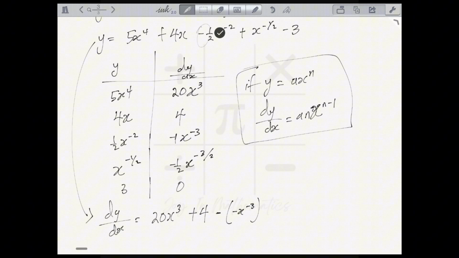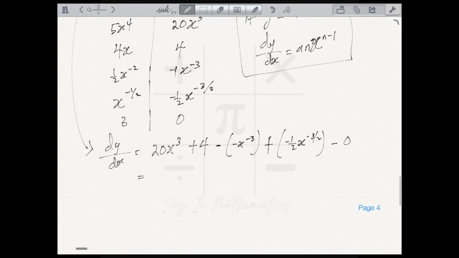Remember the minus came from here, plus minus 1 over 2 x raised to the power minus 3 over 2 minus 0. Now this will give us 20x raised to the power 3 plus 4 plus x raised to the power minus 3 minus 1 over 2 x raised to the power minus 3 over 2 minus 0.